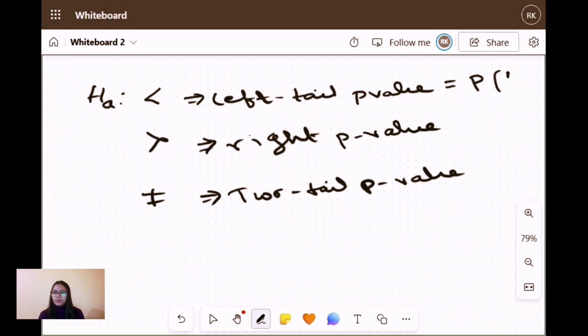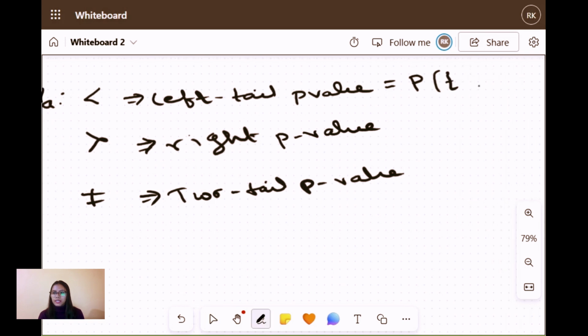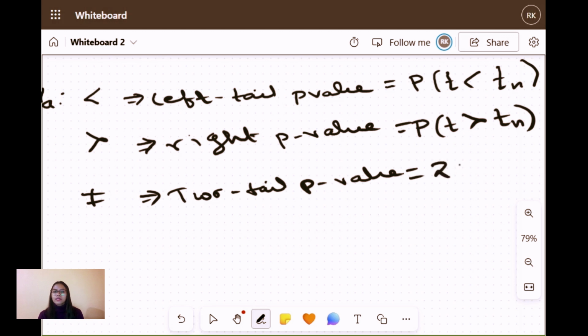The left tail p-value is nothing but the probability that the test statistic is less than the numerical value of the test statistic, and the right tail is the probability t greater than the numerical value of the test statistic.